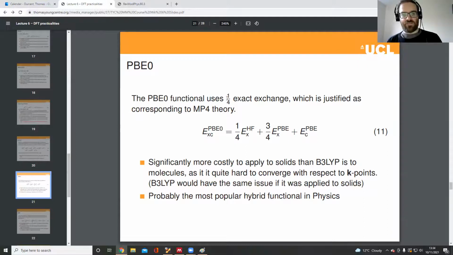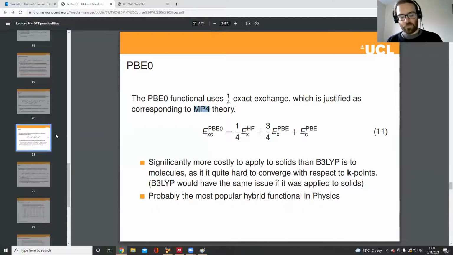This factor of a quarter is justified as, in some limit, corresponding to perturbation theory. And this functional is quite popular in condensed matter. So I think between B3LYP and PBE0, B3LYP is better at describing molecules, and PBE0 is better at describing solids, although there are exceptions, just as a general comment.